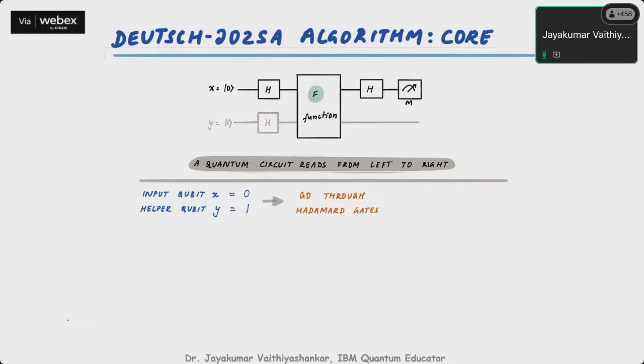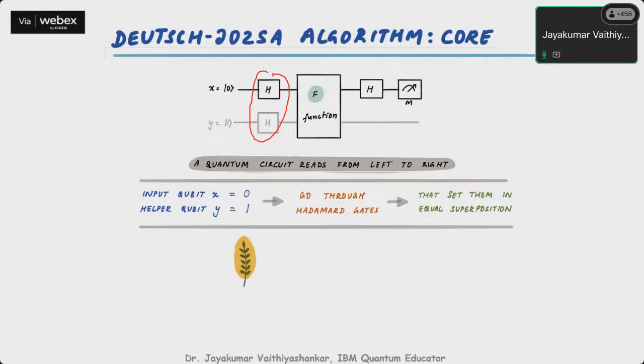Now we are applying Hadamard gate to both of them. Then it will create equal superposition. It means the function f returns 0 if it is constant, 1 if it is balanced. So imagine your output is 0. Binary value is 0. That is why I mentioned it with double quotes.